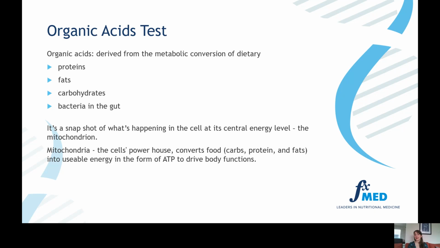The organic acids test is a snapshot of what is happening in the cell at its central energy level, at the level of the mitochondria. And the mitochondria, as we all know, is called the powerhouse of the cell. It converts food, such as carbs, protein, and fat, into usable energy, being ATP. And ATP is what makes the body function. It's what makes the world go round.